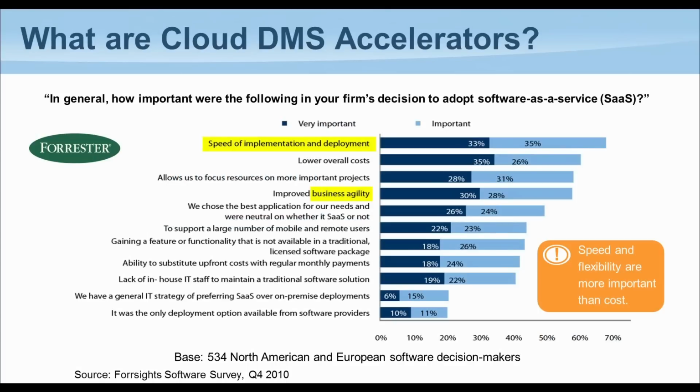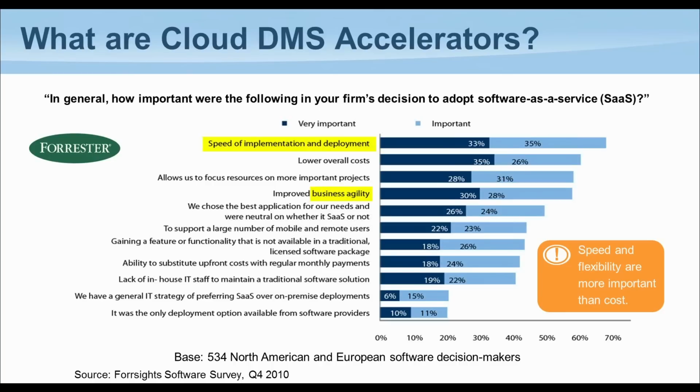These are some slides from Forrester. Forrester is an international analyst group which does a lot of surveys regarding future IT technologies. And they did a survey about adopting software as a service solutions within companies.